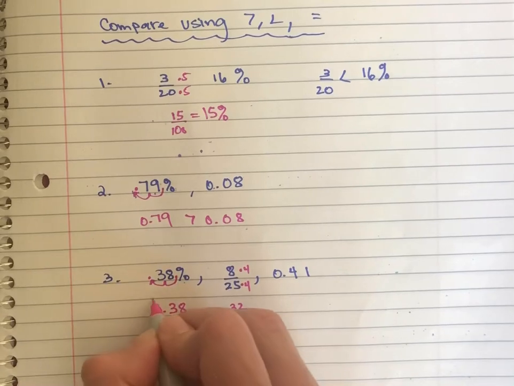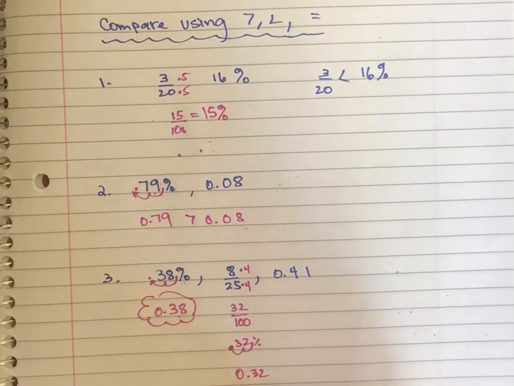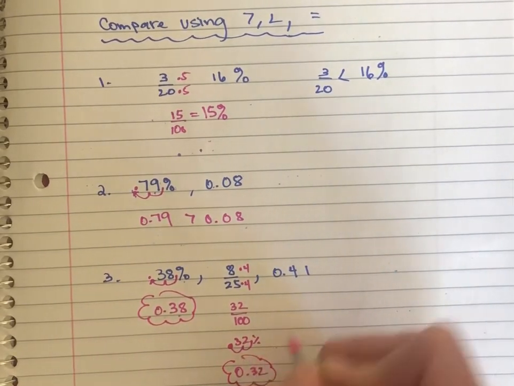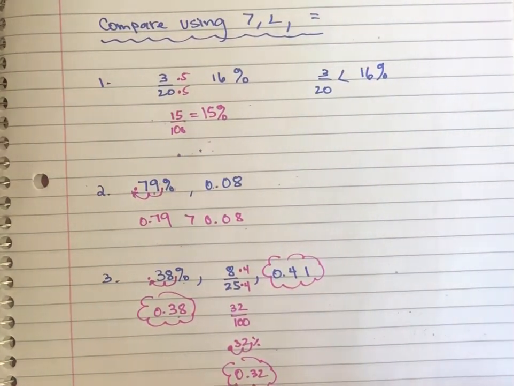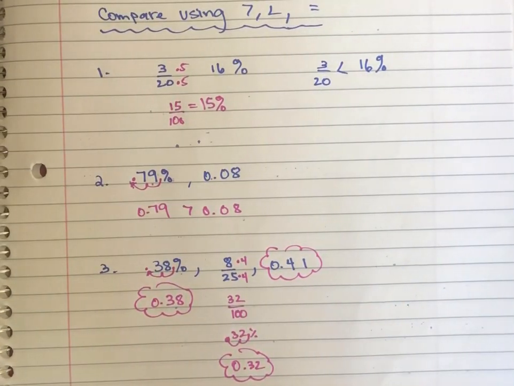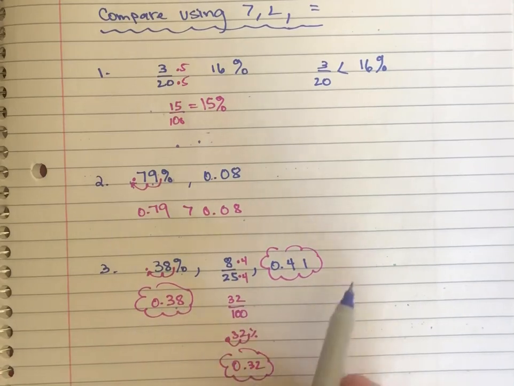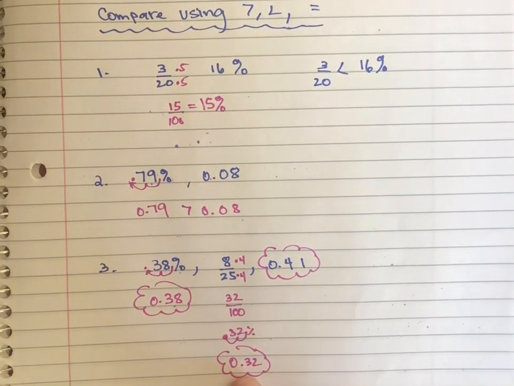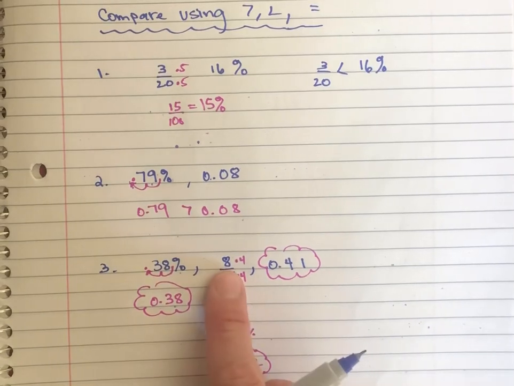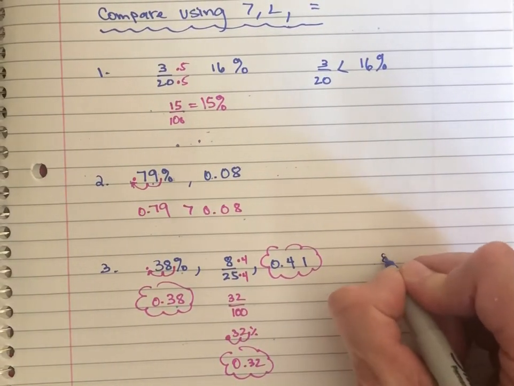So here are my 3 numbers that I need to compare, okay? So if I want to compare these, they're all hundredths. So I have 32, 38, and 41. So I know that 32/100ths is the smallest. That started as 8/25ths.